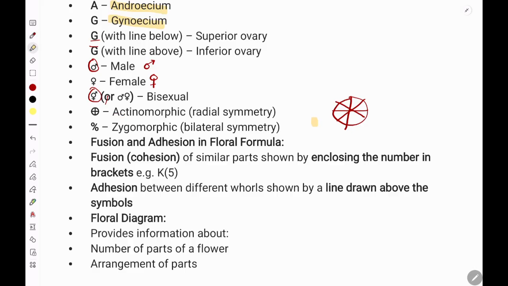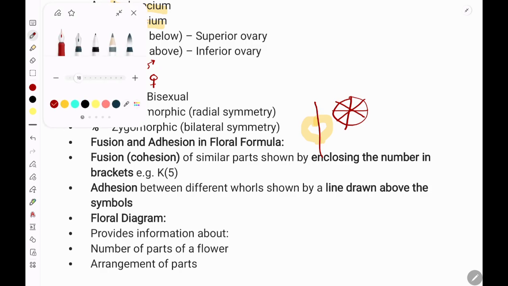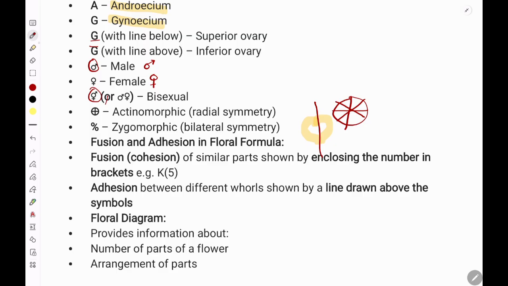If it can be divided from only one direction, then it is called zygomorphic, which is bilateral symmetry, as you remember from the animal kingdom. Then there is the asymmetrical flower, which cannot be divided into two similar halves.